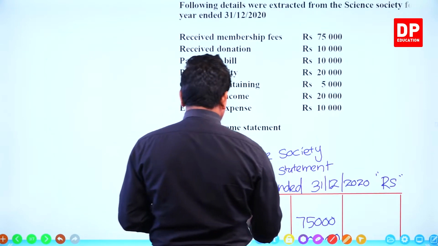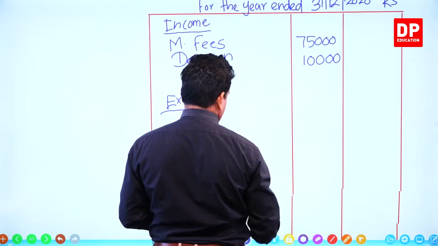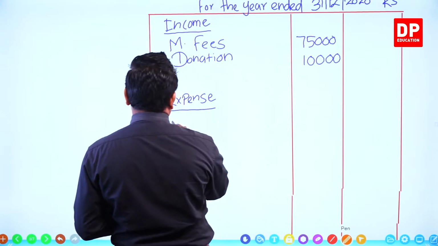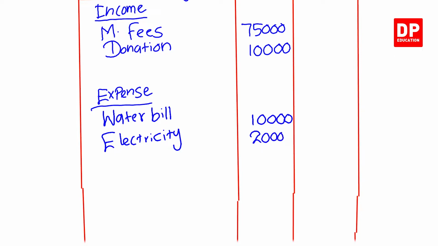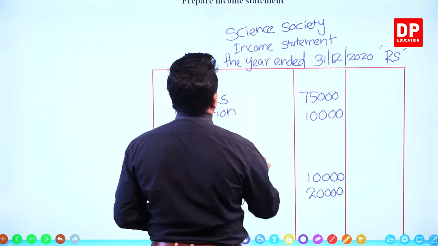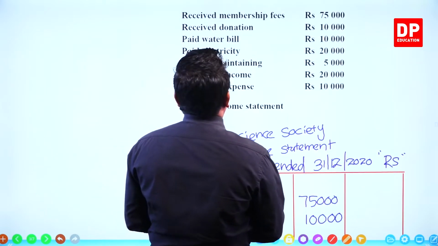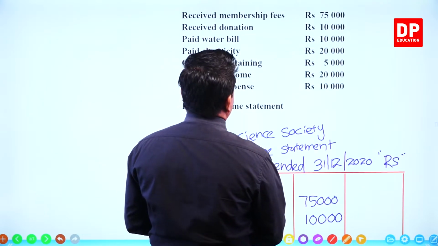Electricity 20,000. Ground maintaining 5,000.